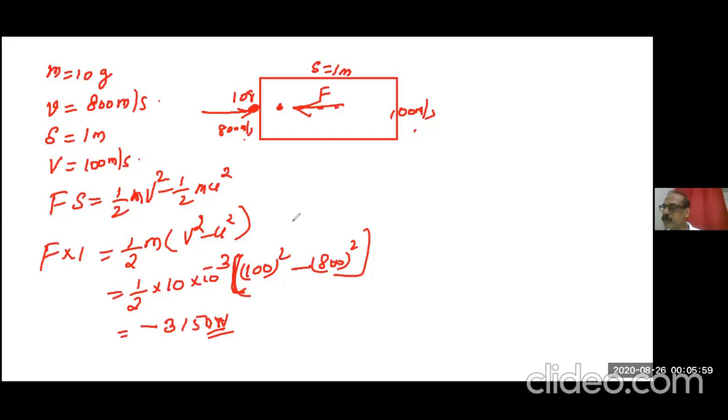Sir, the 10 raised to minus 3 is coming from? Gram to kilogram. Mass is 10 gram. Yes, sir. Conversion. Okay, sir. Understandable.